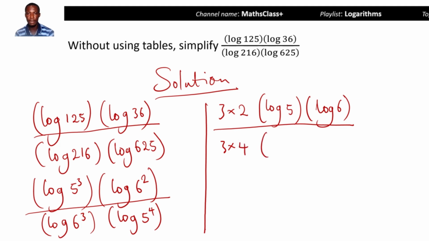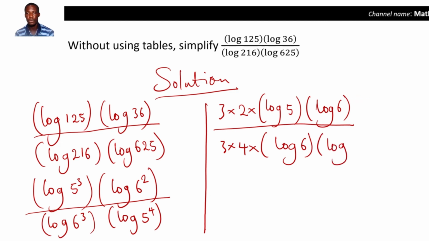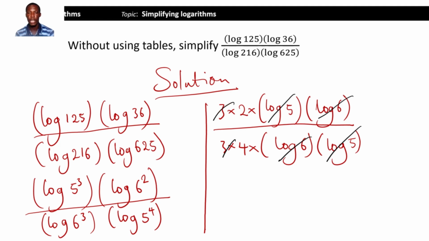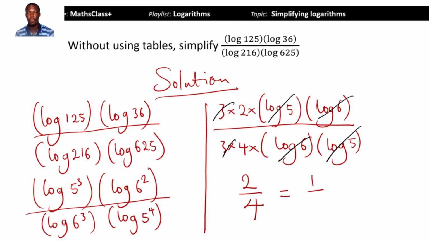And they are multiplying log 6 multiplying log 5. So with this, we can do some cancellations. Log 5 here cancels log 5 here. Log 6 here cancels log 6 here. 3 here cancels 3 here. And then we have 2 over 4, which can be simplified as 1 over 2 as our final answer.